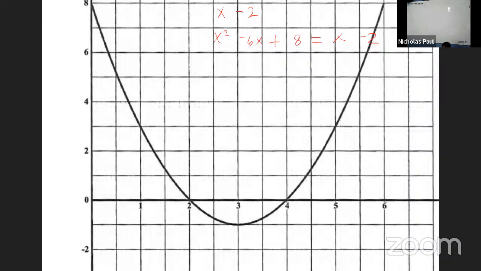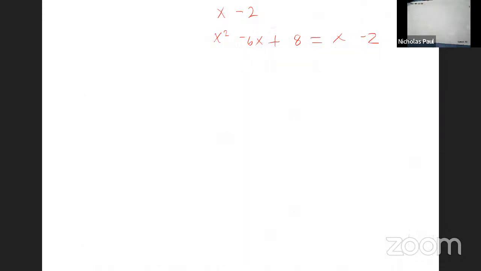How are we going to draw the line y is x minus 2? How do you draw a line? Find when x is equal to something, find the y, right? So when x is, let's say, 0, find y.